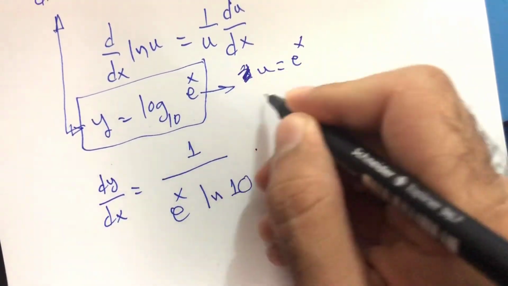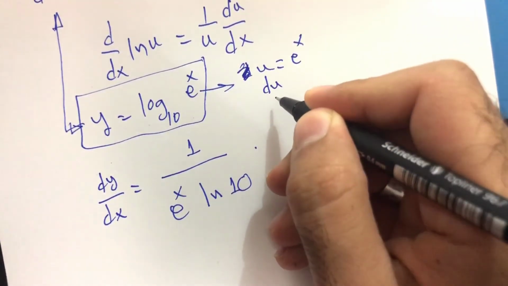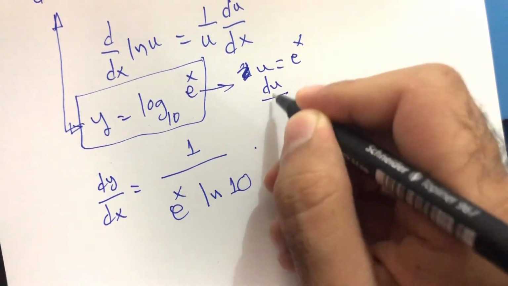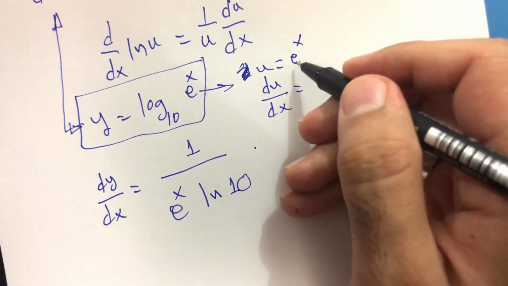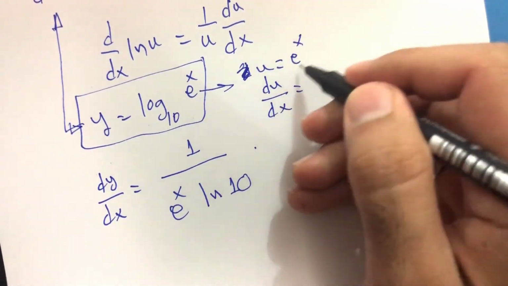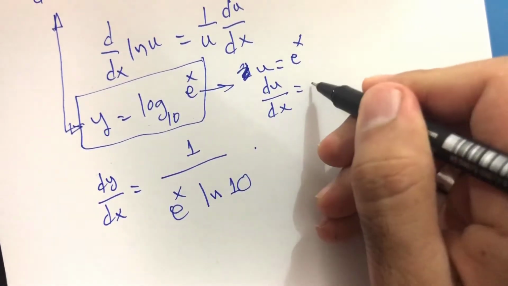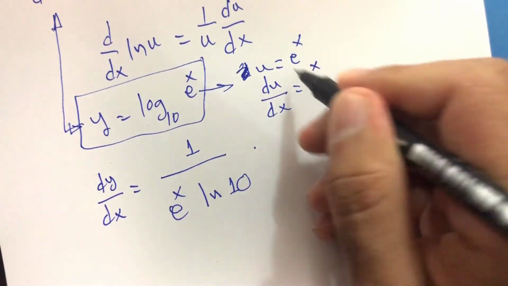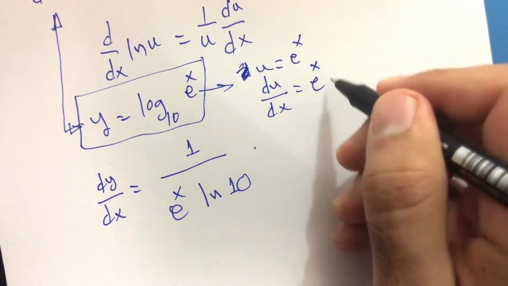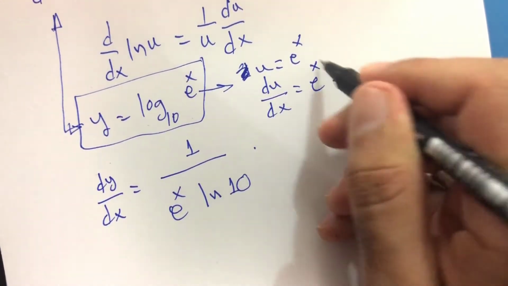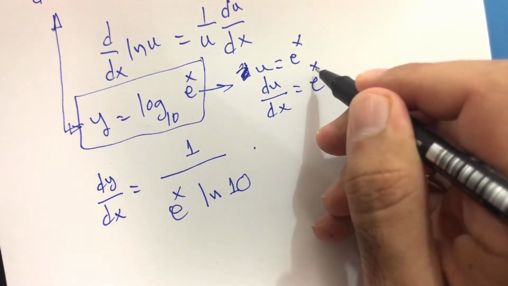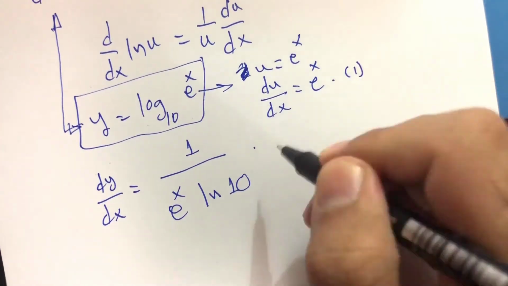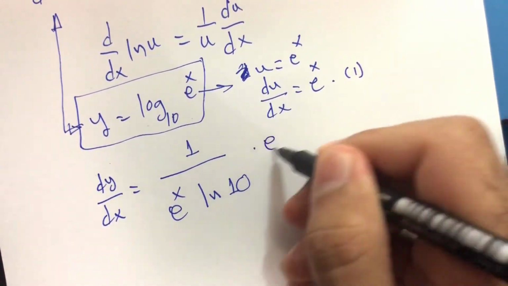You can see that u is exponential x, so if I want to find du by dx, then as I mentioned before, just a few minutes ago, for the exponential function, if I want to find its derivative, all I have to do is write it as it is given, which is exponential x, multiplied by the derivative of the exponent, which is x, and the derivative of x with respect to x is 1, so I have exponential x.